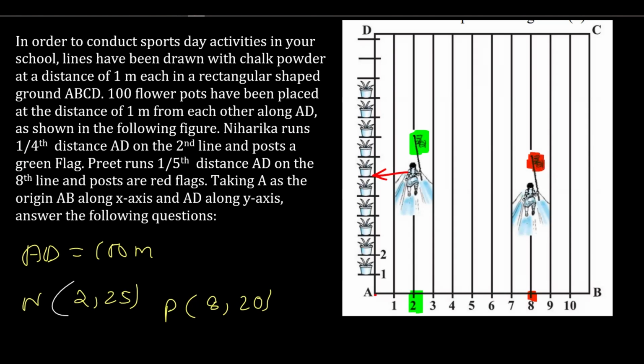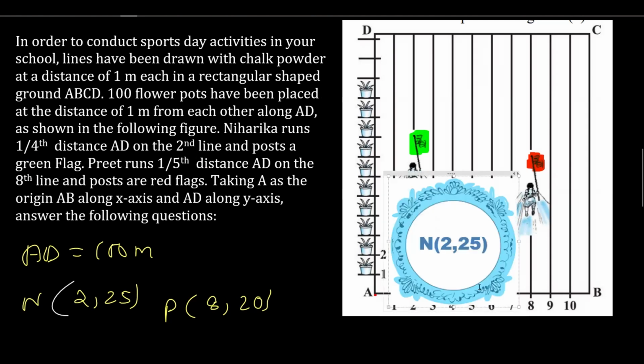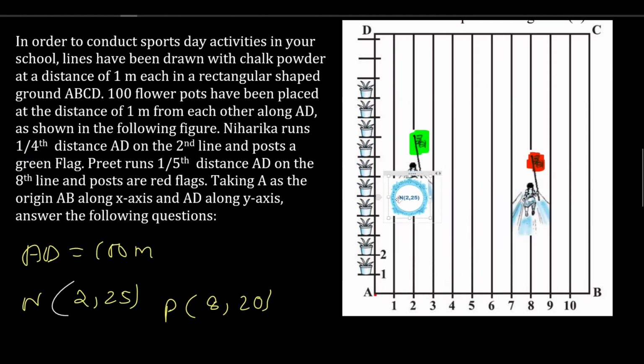Now once we got these coordinates, let's write down the points also so that we can do the questions based on this. If I put this point over here, this is for the first girl, and we know the coordinate as this.